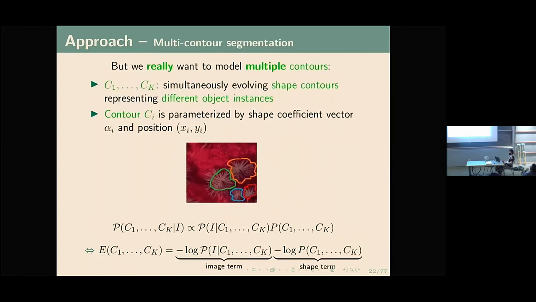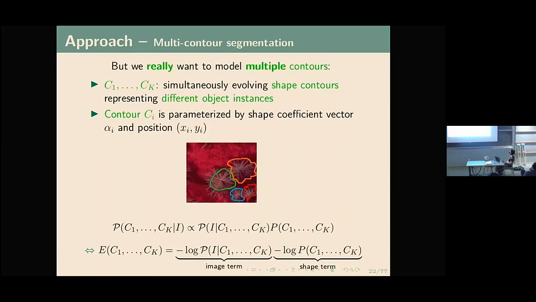The problem we're really interested in is simultaneously modeling multiple contours, such as many trees within the forest. So we'll take the single contour model and extend it to multiple simultaneously evolving contours. Each of them is parameterized by its own shape coefficient vector and center position. Just like before, we can write the joint probability of the contours in terms of the image and shape terms.